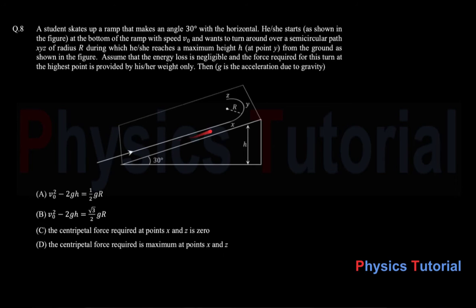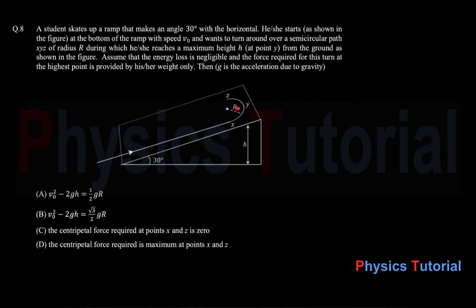Simply, as the energy loss is negligible, conservation of energy you can apply over here. So mg sine theta is the force required over here. That is applicable as mg is downwards, so mg sine theta, where theta is 30°.